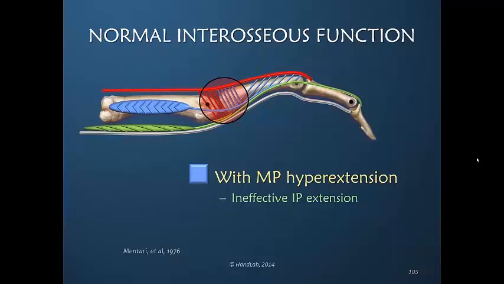A contraction of the interosseous muscle can't move it any further. Therefore, it would be accurate to say when the metacarpal phalangeal joint is in a position of active or passive hyperextension, the interosseous muscle contraction cannot be mechanically effective to fully extend the interphalangeal joints.